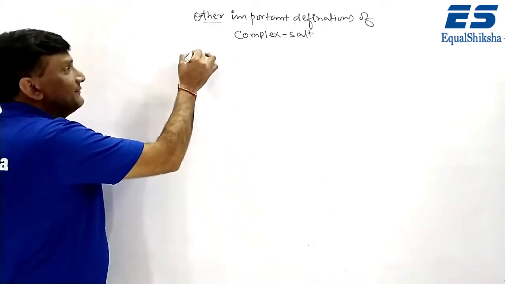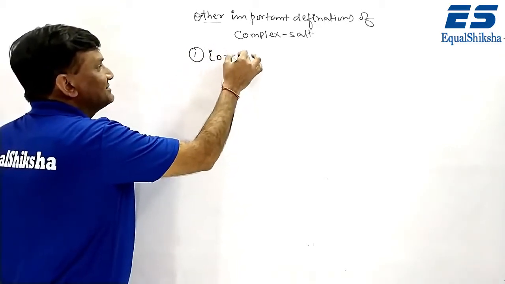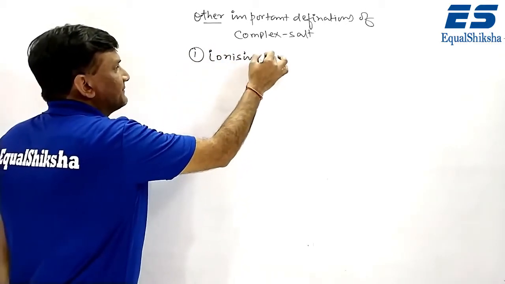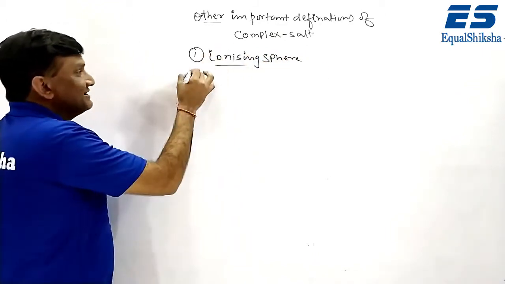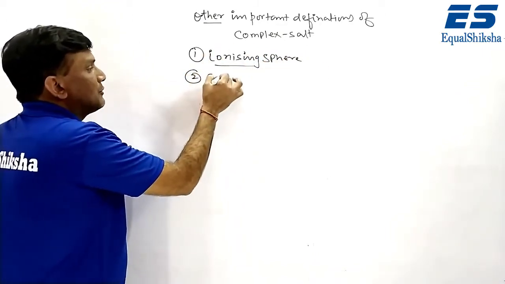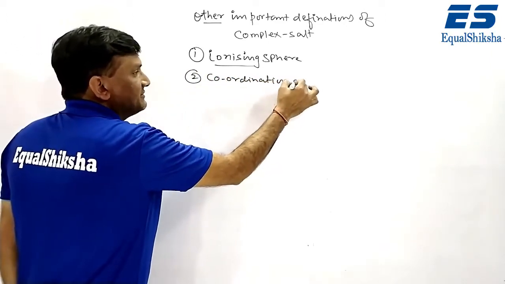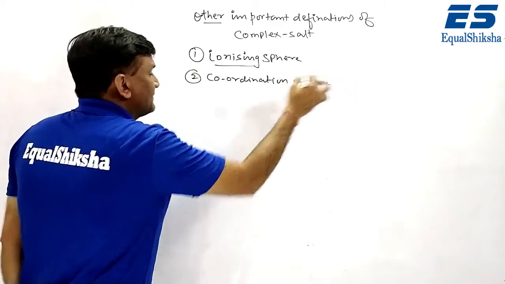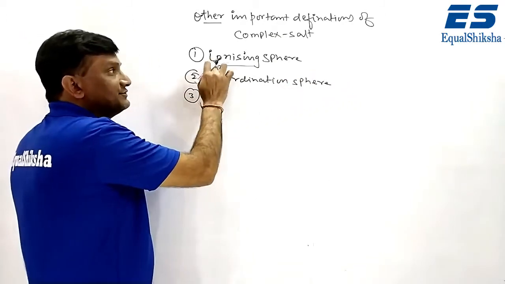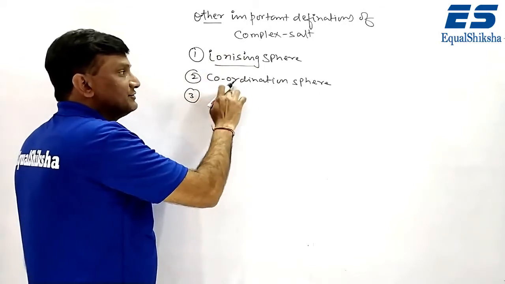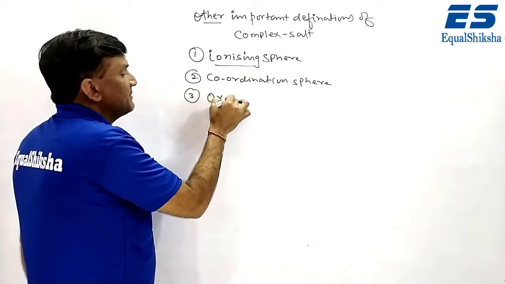What are they? First is your ionizing sphere. This is the most important part. Second is your coordination sphere. Third is your oxidation number.